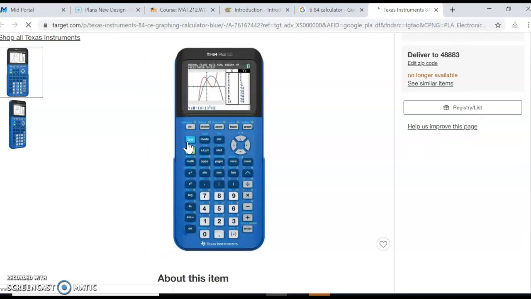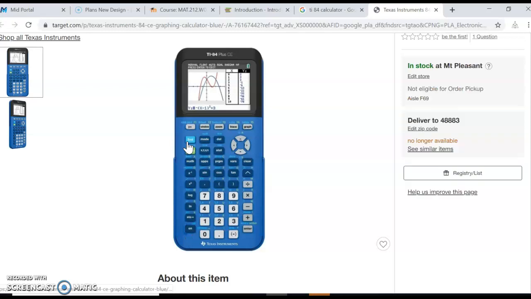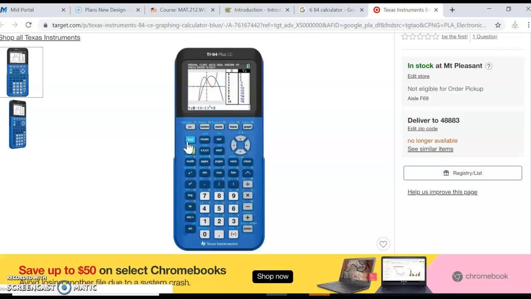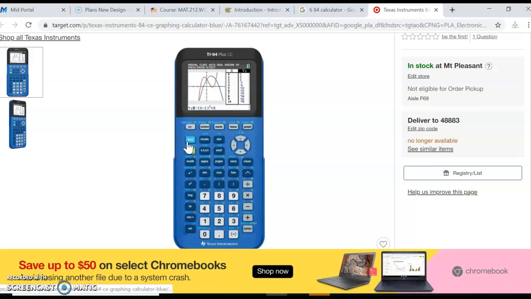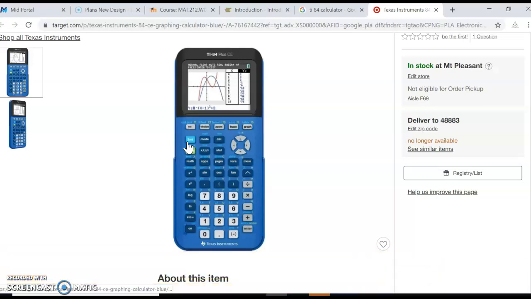They all have the same operating system. If you have a TI-83, that will also work. That has essentially the same operating function. So a TI-83 will also work, but if you're going to go out and buy one, a TI-84 is the one you want. Okay, so a TI-84 calculator looks like that.